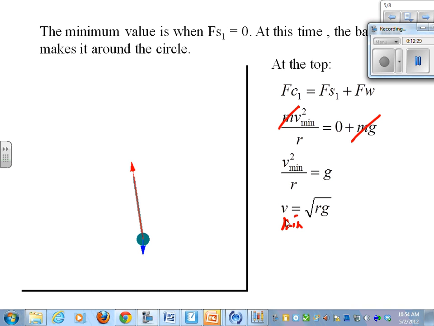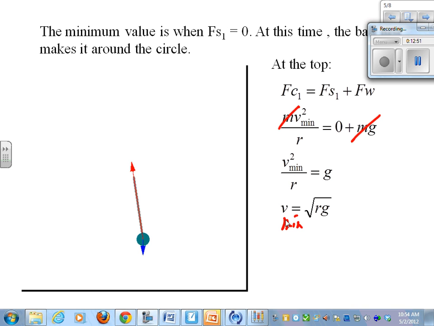Now, is that true for the car? It's not on a string. Not on a string, you're right, George. So here's a good question then: what supplies the force that's keeping that car in that circular path?